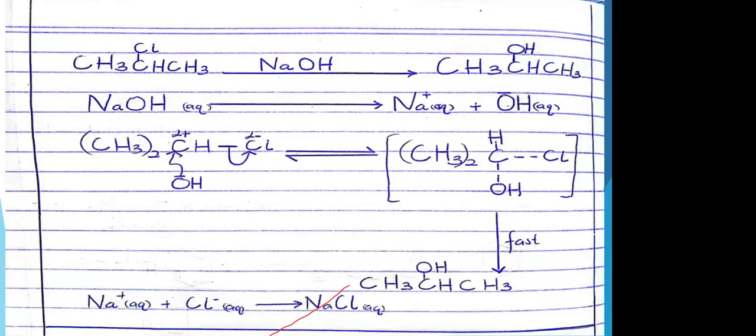So it has the ability to pull bonding electrons towards itself, leaving a partial positive charge on this carbon atom and creating a partial negative charge on the chloride. So once this OH attacks the carbon while we have this breaking, we shall find out that it does not break completely.